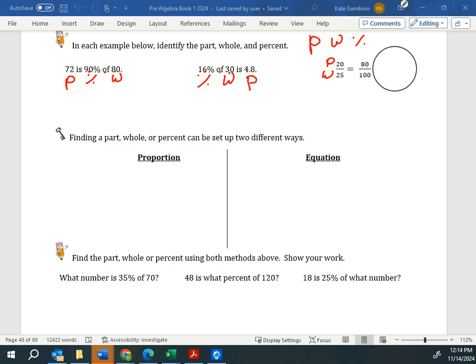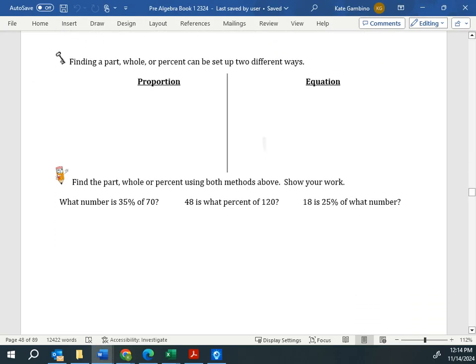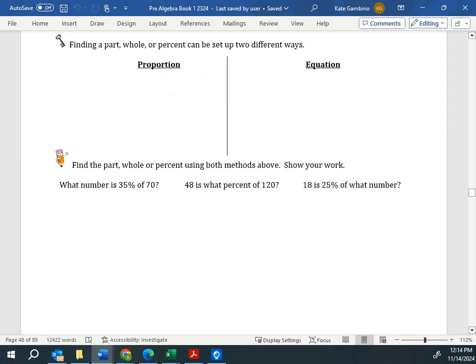So let's look at finding a part, whole, or percent. It can be set up in two different ways. We can do a proportion. We can do an equation. So if we're going to do the proportion, proportions are fractions.